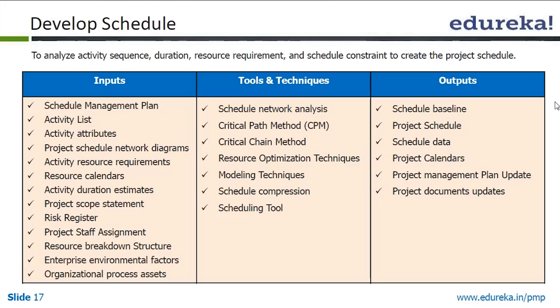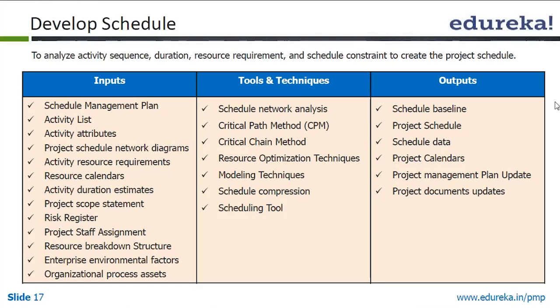Now we develop the schedule, to analyze activity sequence, duration, resource requirements and schedule constraints to create the project schedule. Schedule management plan, activity list, activity attributes, schedule network diagrams, activity resource requirements, resource calendars, activity scope statement, risk register, project staff assignments, resource breakdown structure, and EEF and OPA are your inputs.